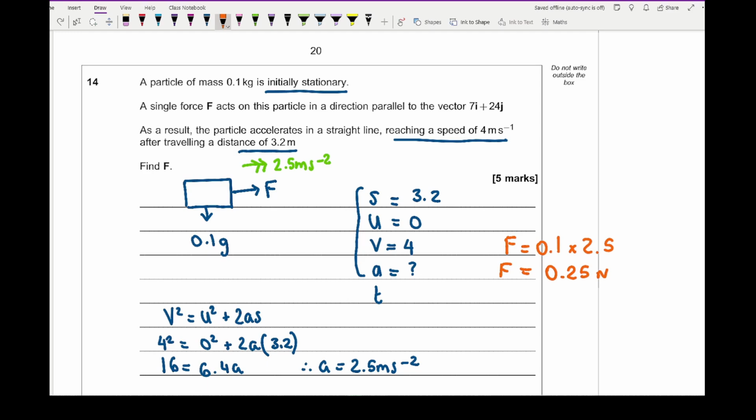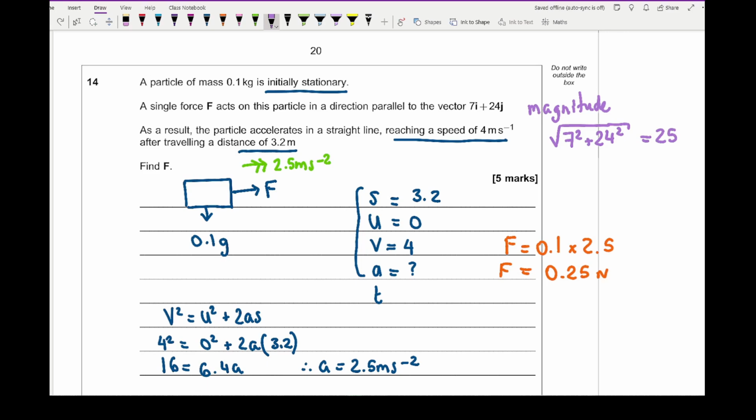If we have a look at the magnitude of the vector 7i plus 24j, which is using Pythagoras on 7i and 24j, so that's using 7 squared and 24 squared, square rooted gives you a value of 25.